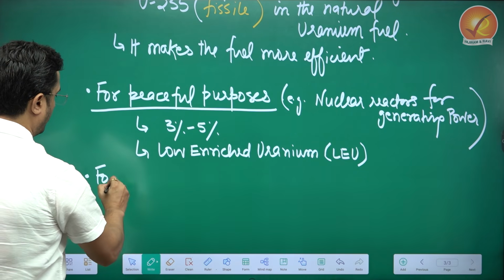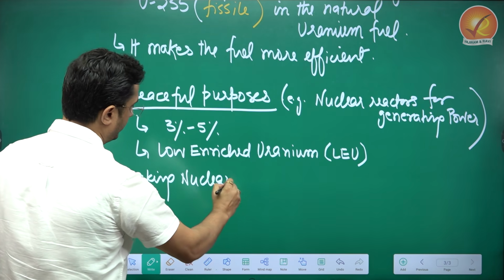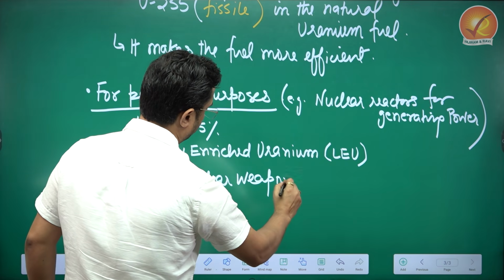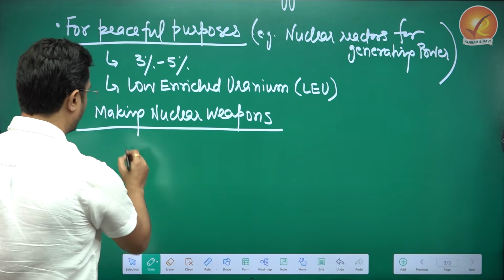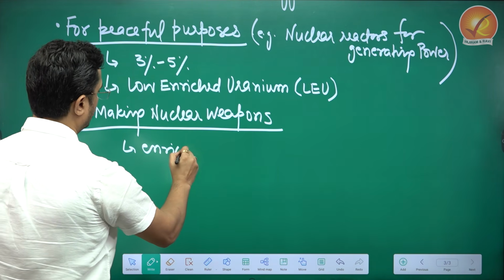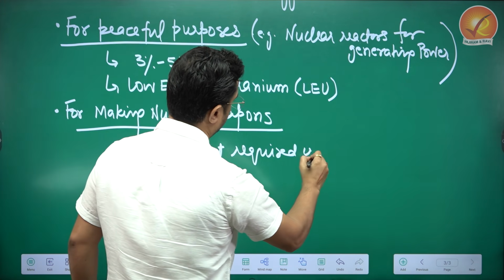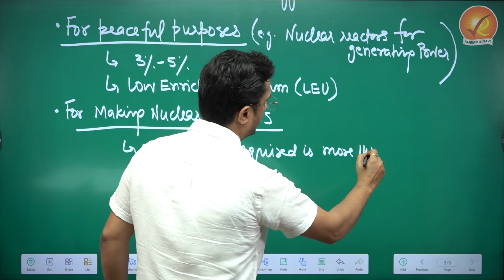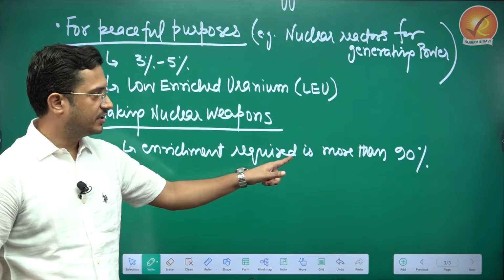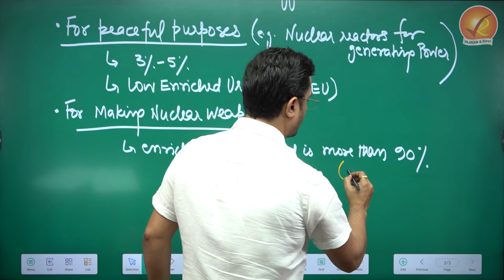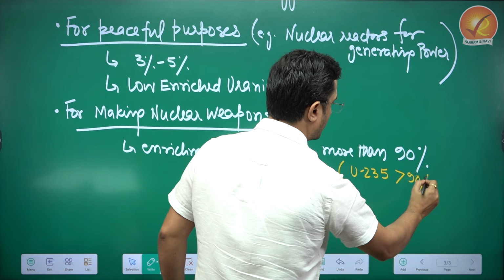But for making nuclear weapons, the enrichment required is more than 90%, meaning the concentration of uranium-235 should be more than 90%.